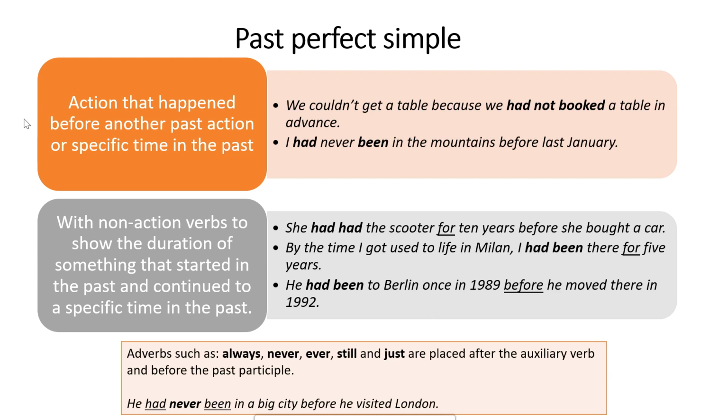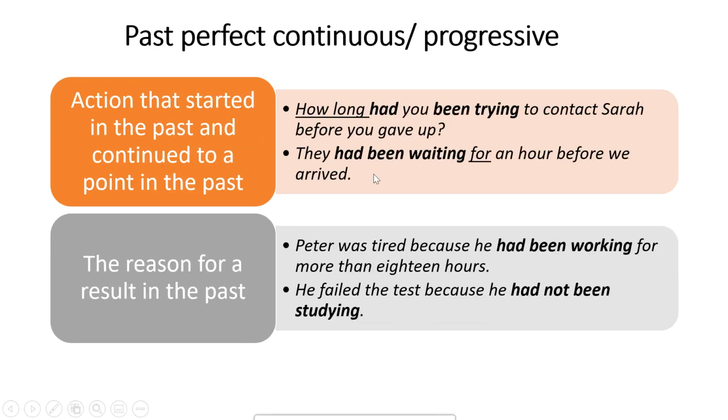And we move on to past perfect continuous or progressive. Again, only with action verbs. We use it to talk about an action that started in the past and continued to a point in the past.